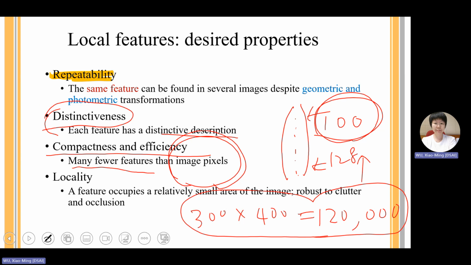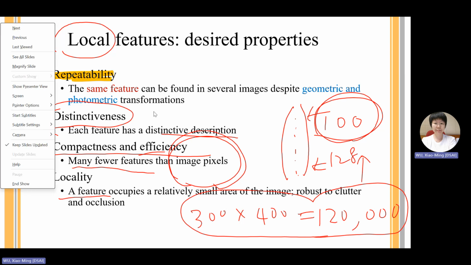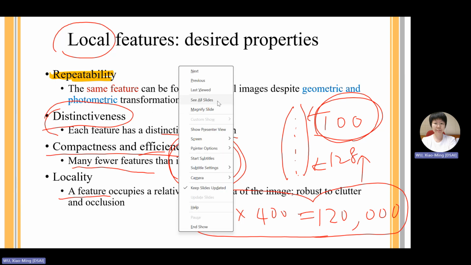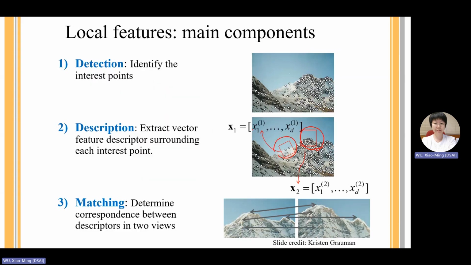That's what we mean by compactness and efficiency. And lastly, because they are local features, they only occupy a relatively small area like this. A feature only occupies a relatively local area. That's why they are called local features.